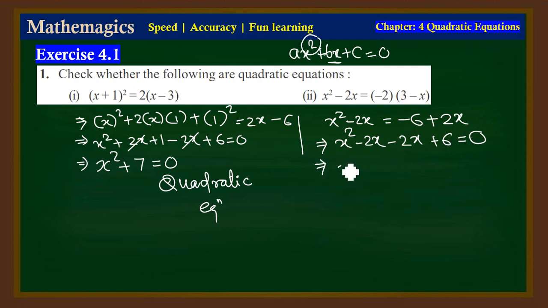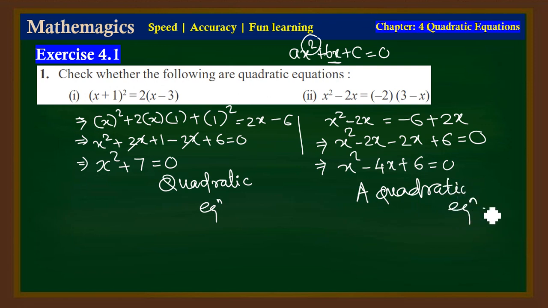Implies that x square minus 2x becomes minus 4x plus 6 is equal to 0. Dear friends, again it is satisfying that the power of x is 2. It means it is also a quadratic equation.